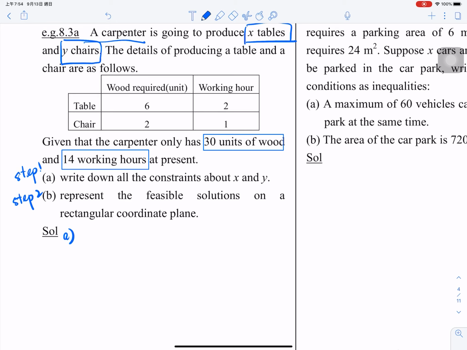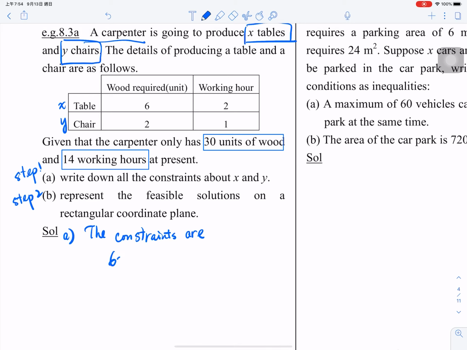Let's see. What are the constraints? Think about the wood and the working hours. If one table, then 6 wood. If one chair, then 2 wood. Now we have X tables and Y chairs. Then how many wood should we use?